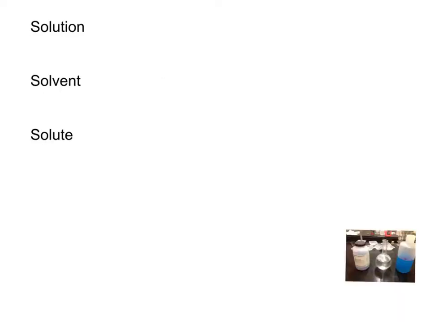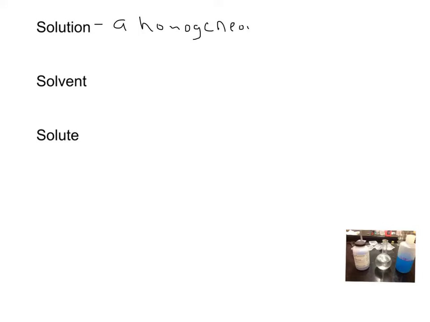So when we refer to a solution in chemistry, what we're really referring to is a homogeneous mixture. It has to have at least two substances in it to be a mixture. It could have more, but if it's a homogeneous mixture, it's a solution.